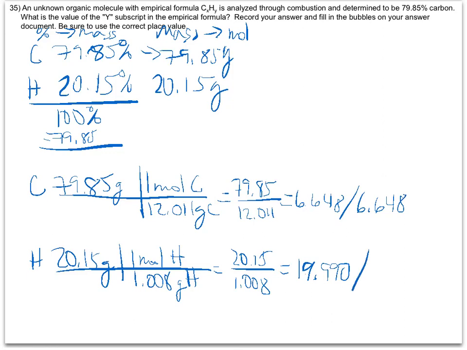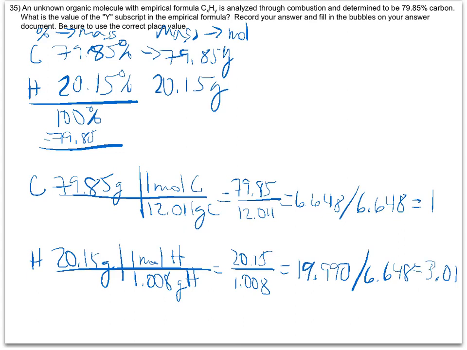So we're going to divide both of them by 6.648. Remember, divide by small. 19.990 divided by 6.648 is 3.01, and this is obviously 1.